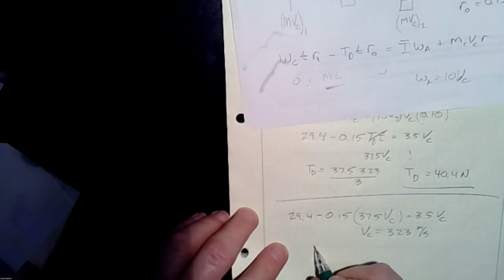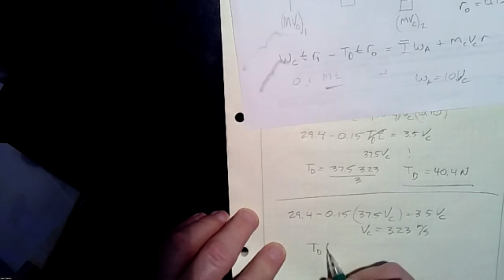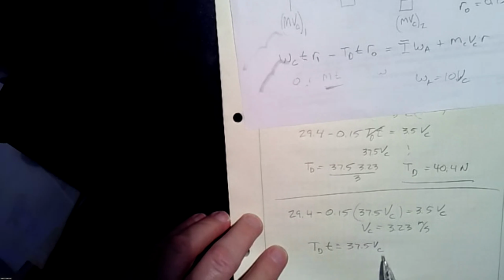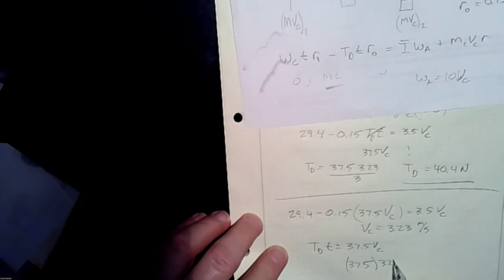But remember, I know that TD times time equals 37.5 VC, and that's where this came from, right? So I take 37.5 times 3.23, divide it by 3, and voila, I get TD.